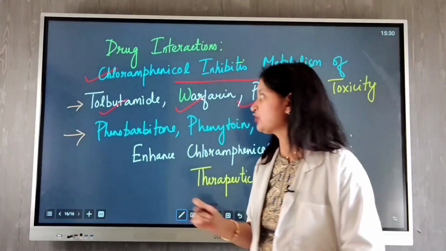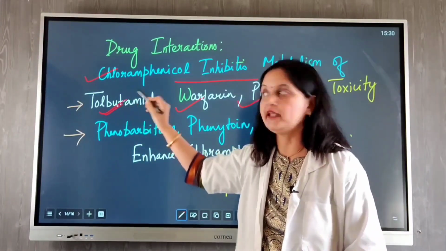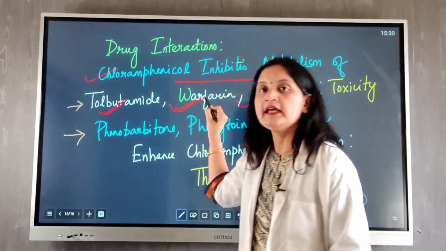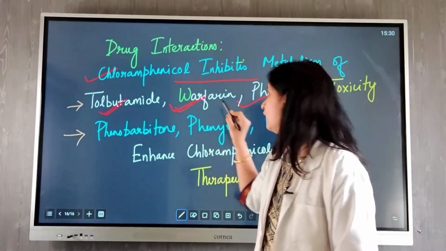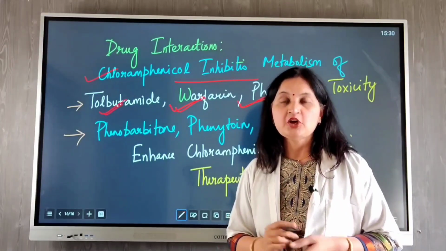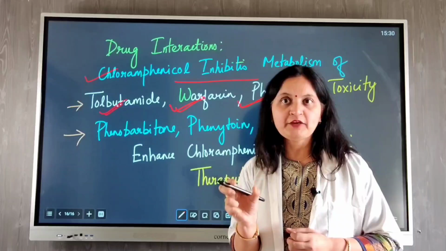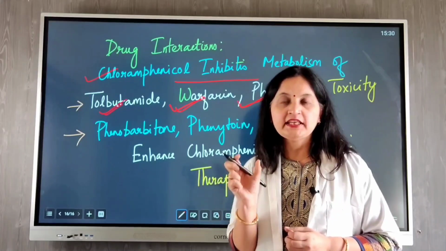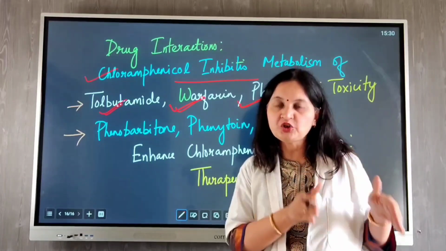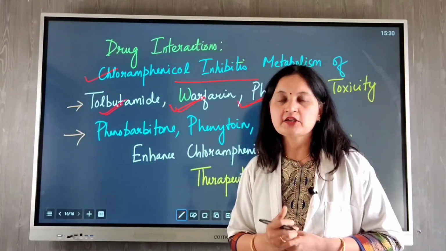Increased accumulation of tolbutamide can cause hypoglycemic episodes. Increased accumulation of warfarin can cause bleeding episodes. Accumulation of phenytoin can lead to toxic side effects.